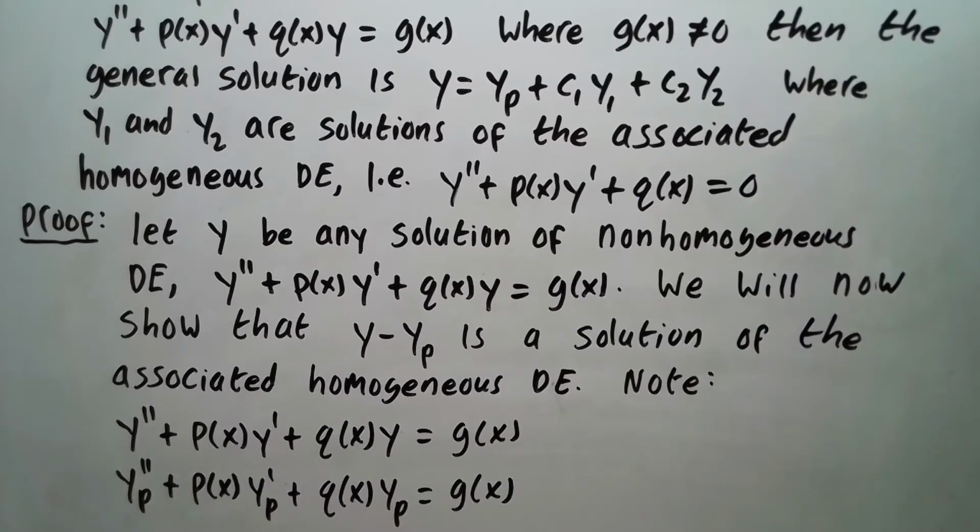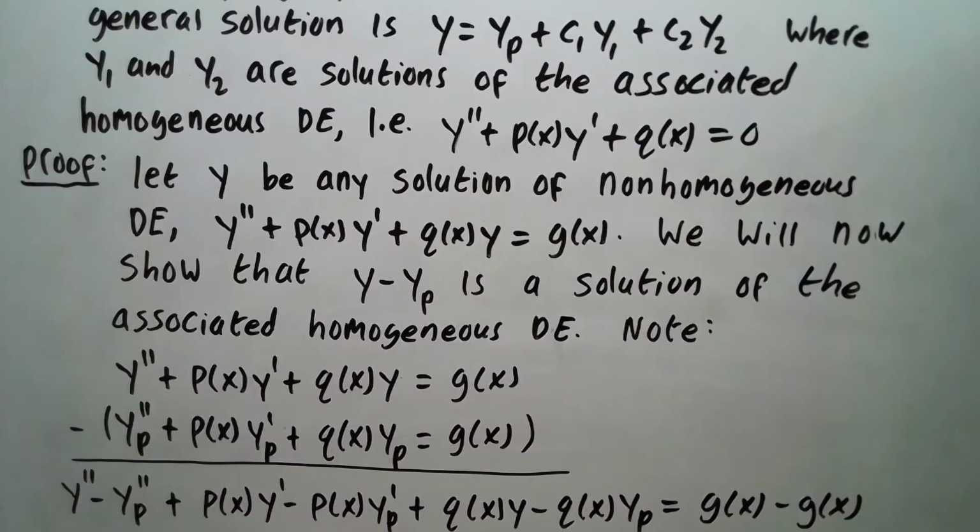Subtracting, we'll have y double prime minus yp double prime here, and p of x y prime minus p of x yp prime, and then q of x y minus q of x yp, then g of x minus g of x. So g of x minus g of x here would be 0.